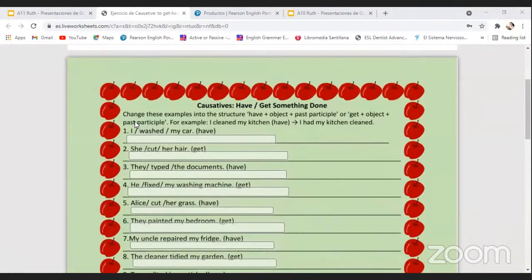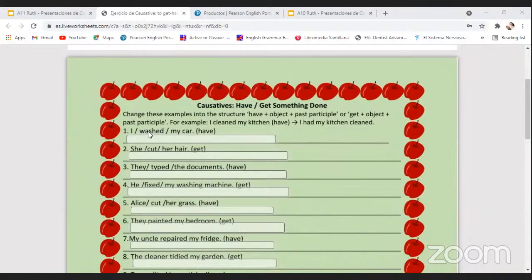But if we were reading this as a sentence, I washed my car, this would be simple past. If we had an auxiliary before it, like have, that would be the only case in which this is going to be a participle. I have my car washed.